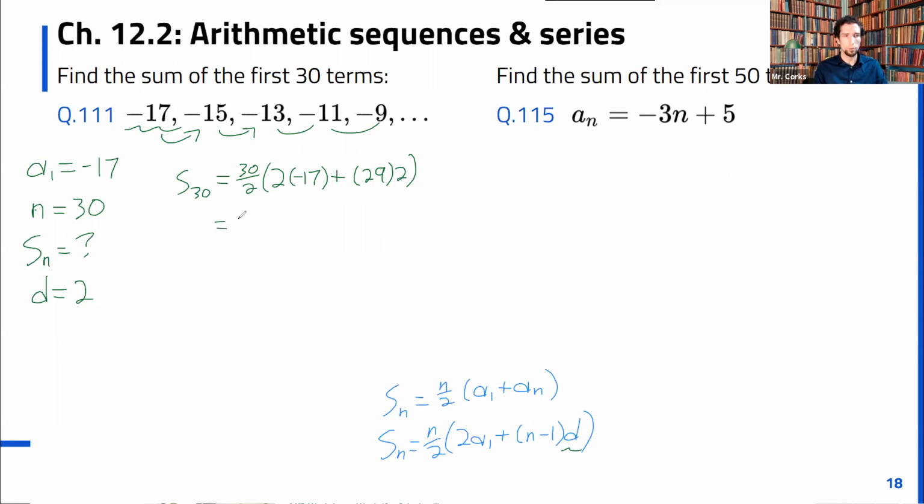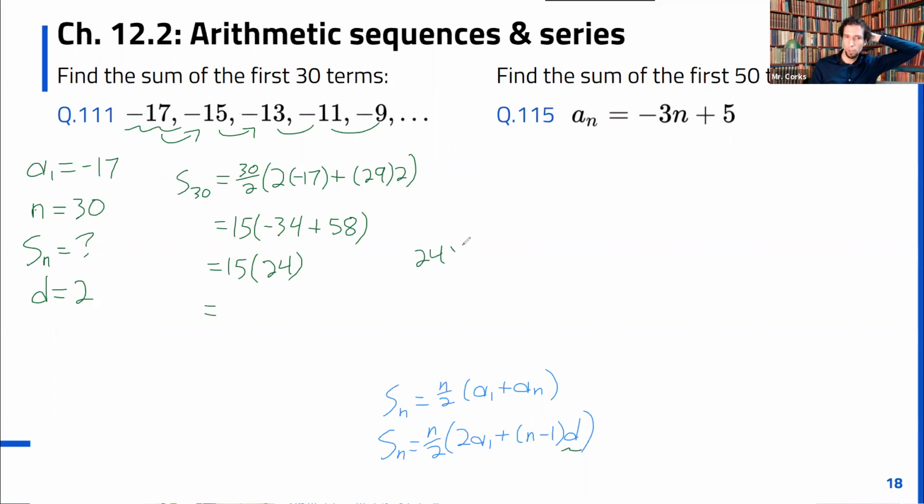Okay, and we just want to solve this. 15 and -34 plus here 29 times 2, 58. 15 times -34 plus 58. What is that? 24. Okay, so 15 times 24. What is that? 360.